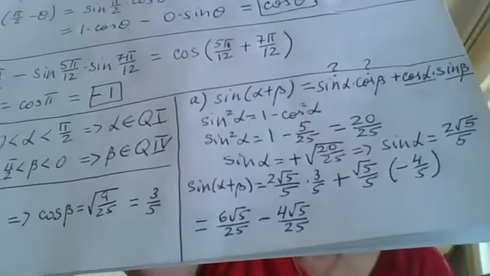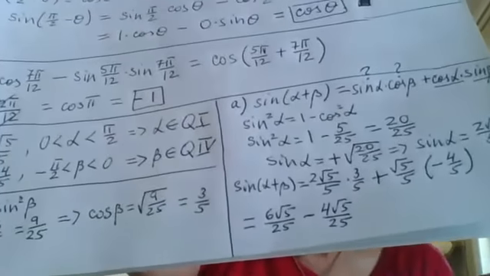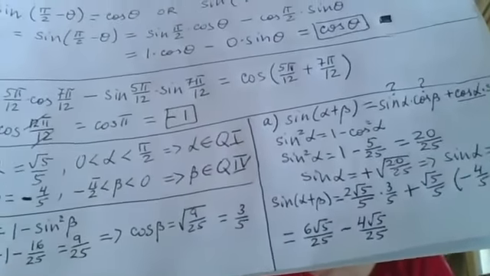So equals 2 square root of 5 times 3 is 6 square root of 5. Downstairs I have 25. Positive times negative is negative, and it will be 4 square root of 5 over 25. These two fractions carry the same denominator.